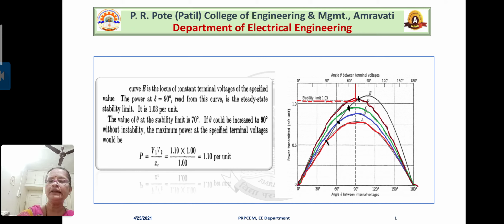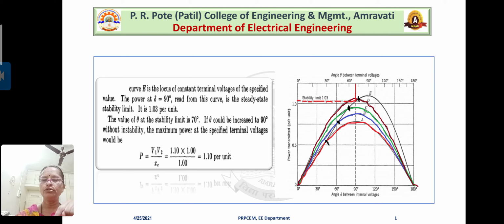Curve C in green, the black dot indicating 0.96. Then for D, it is crossing 1, that is 1.06. There you observe the black dot on curve D, and with respect to angle delta, it is above 90 degrees. At the same moment, theta is 75 degrees.